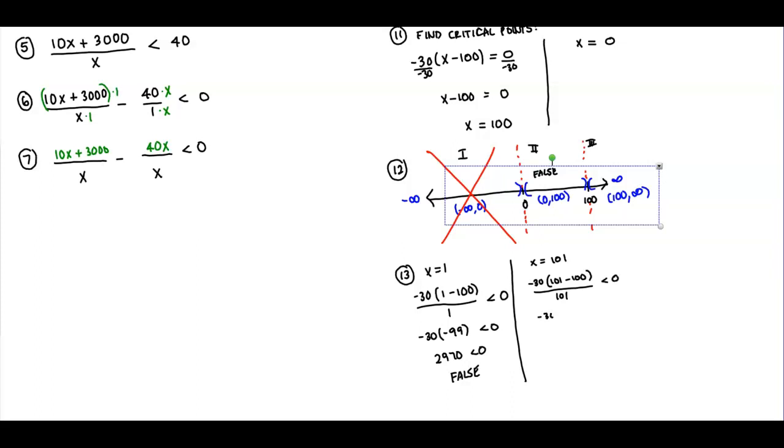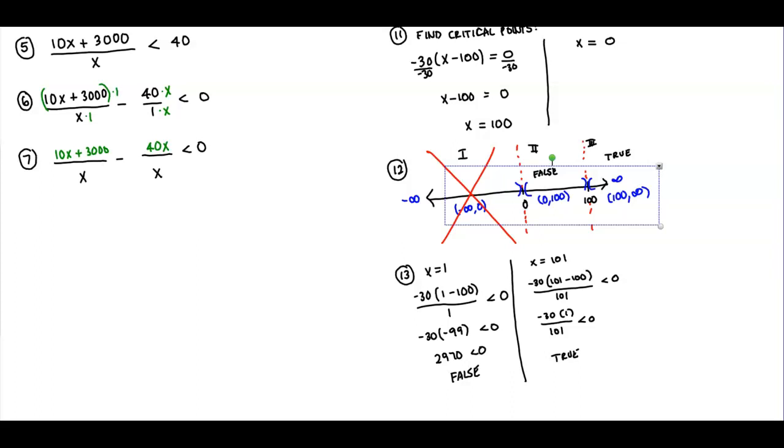That gives us negative 30 times positive 1 over 101, which is going to give us a negative result, which means it's true. A negative number is less than 0, so it's true here, meaning it's anything greater than 100.